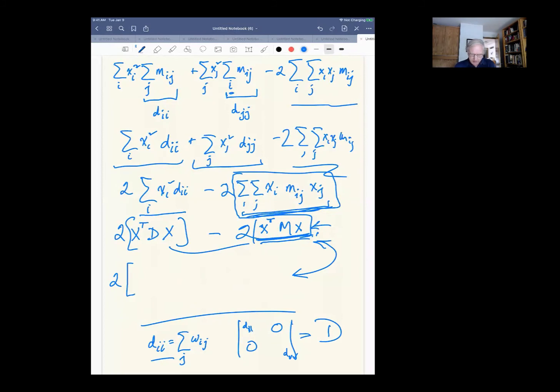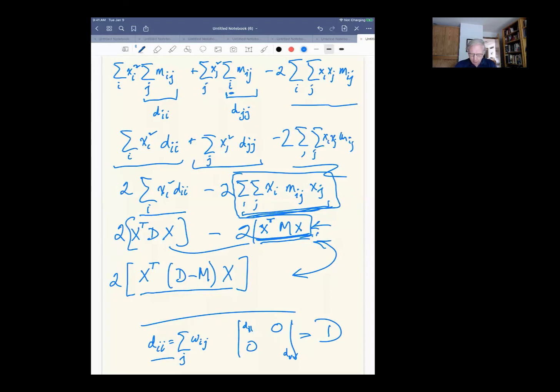And then what have we got? We've got x transpose times D times x and x transpose times M times x. So it's really the difference between the two matrices D and M and x, like that. So that is very cool. It's x transpose (D minus M) times x.